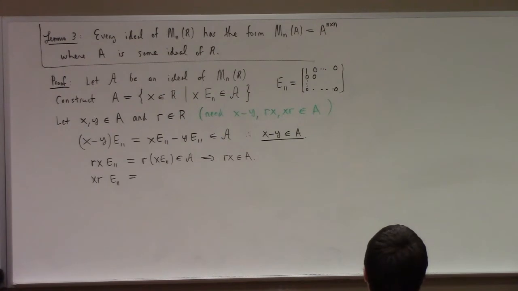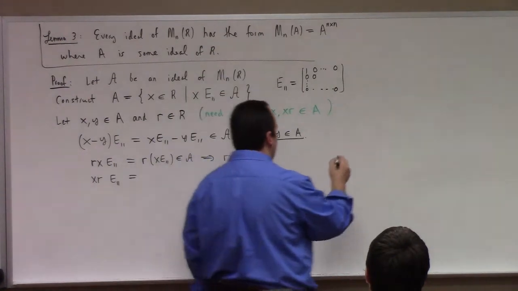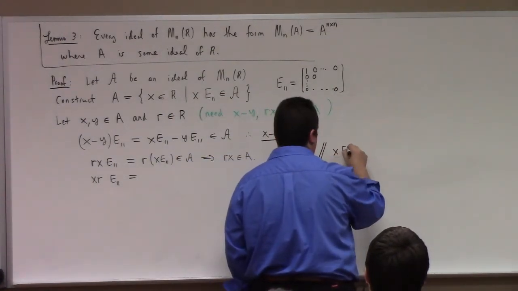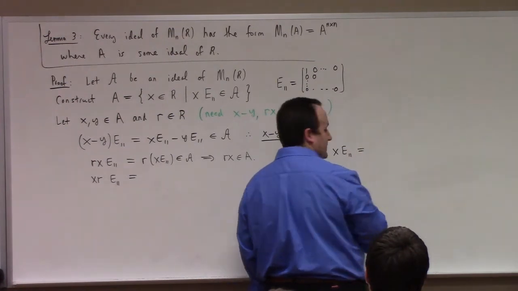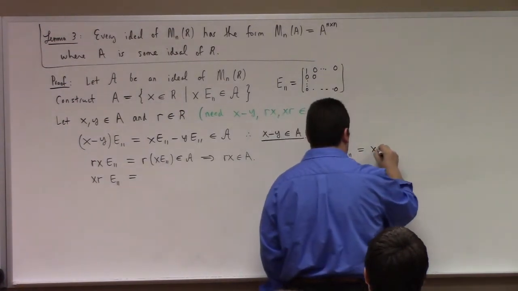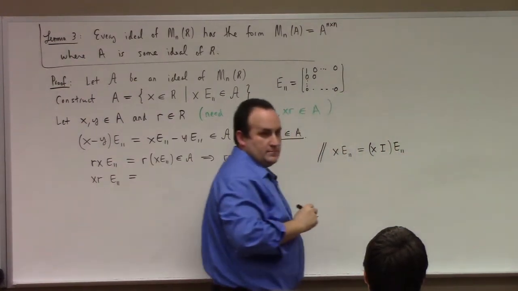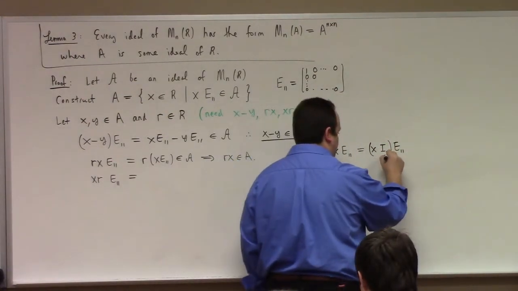Although, don't we have to have something in the matrix ring times something in script A, rather than something in the ring times something in script A? So we have R times A something. Fair enough. So Sam has spotted a slight hole in my proof. So x times E11, I should have written as x times the identity, times E11. So now this is the n by n matrix.